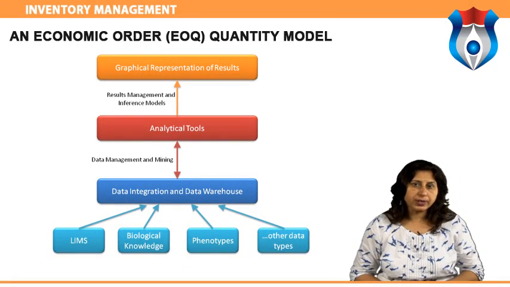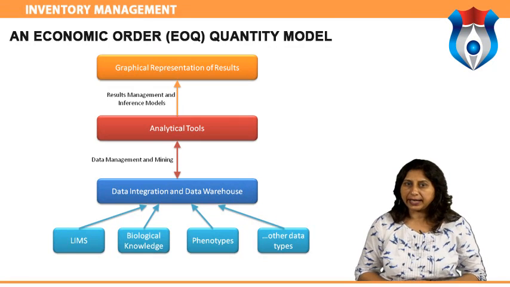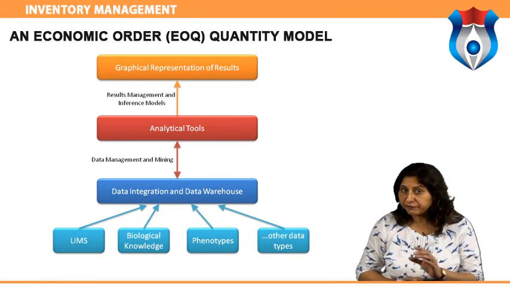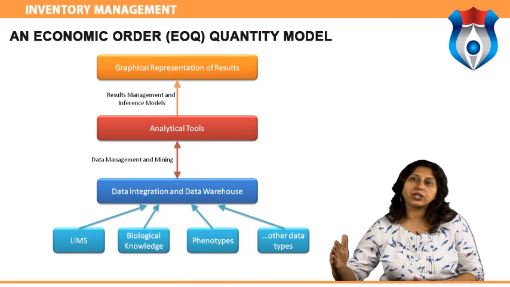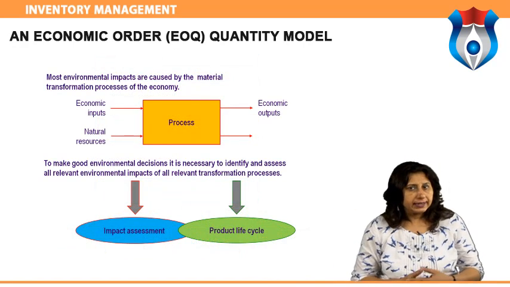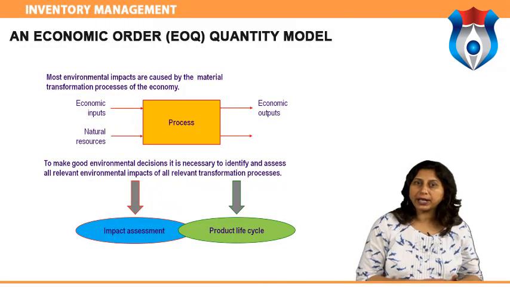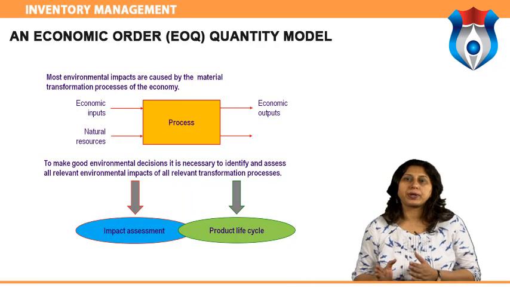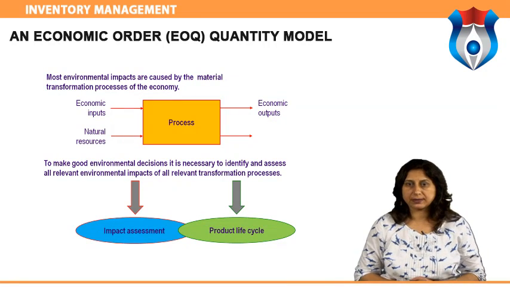The EOQ is used as part of a continuous review inventory system in which the level of inventory is monitored at all times and a fixed quantity is ordered each time the inventory level reaches a specific reorder point. The EOQ provides a model for calculating the appropriate reorder point and the optimal reorder quantity to ensure the immediate replacement of inventory with no shortages.